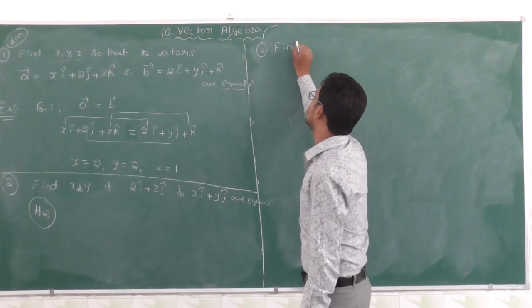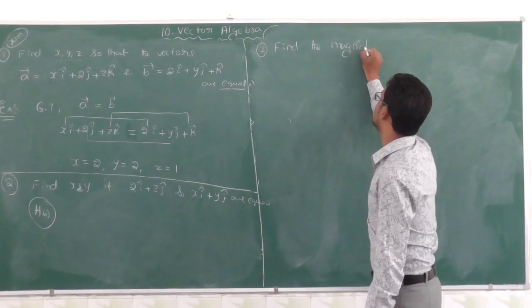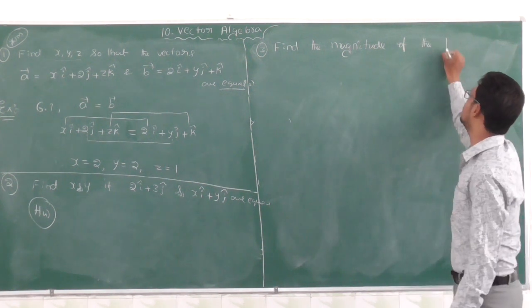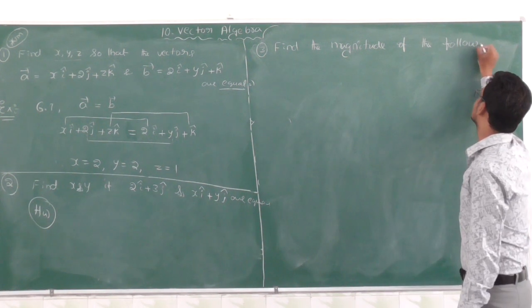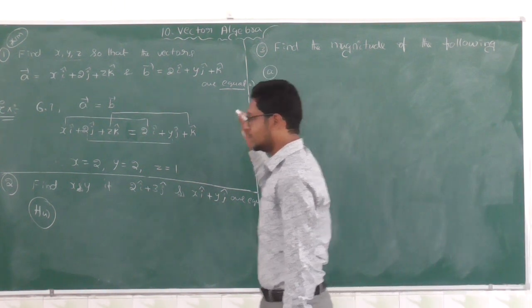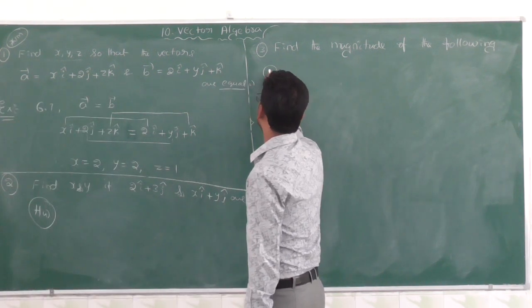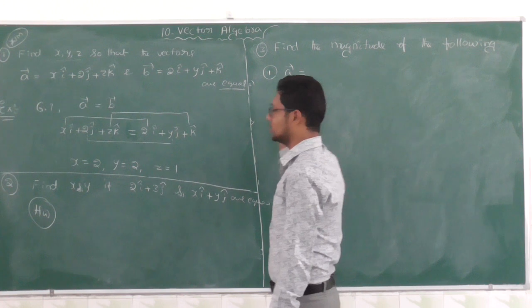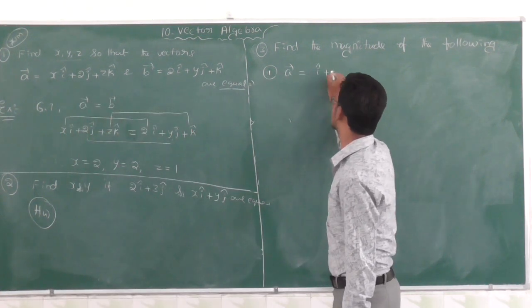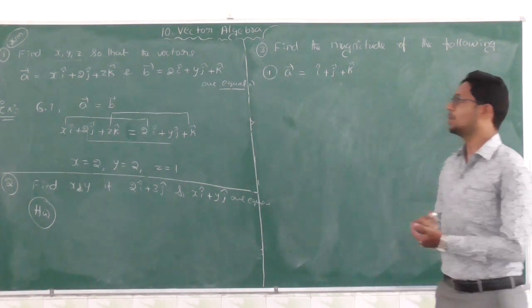Find the magnitude of the following. First one: A vector equals i cap plus j cap plus k cap, that is, i plus j plus k.